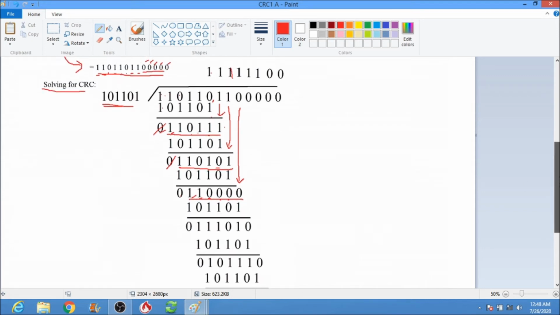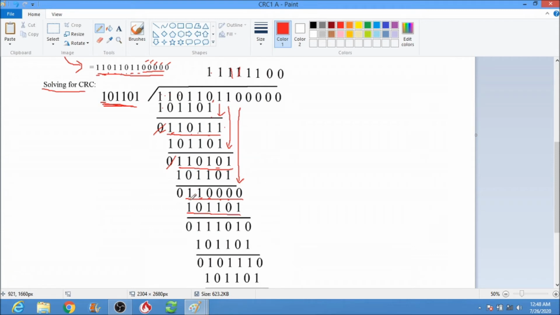So if our most significant bit is 1, and in our divisor the most significant bit is 1, we simply write the quotient as 1. So bring down 0. So the quotient will be, we write 1. 1 times this one is, of course, this one.